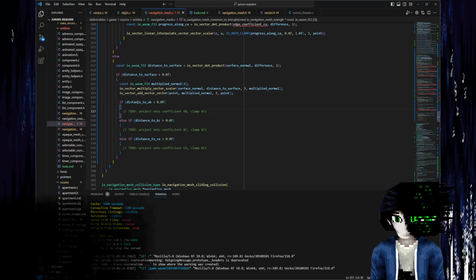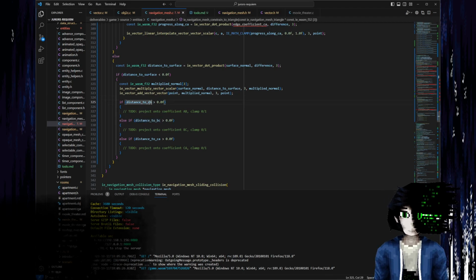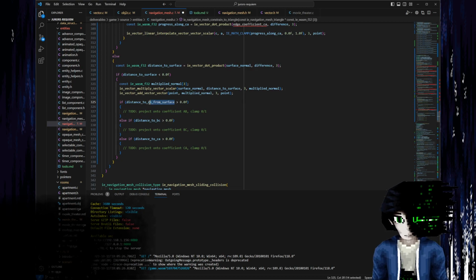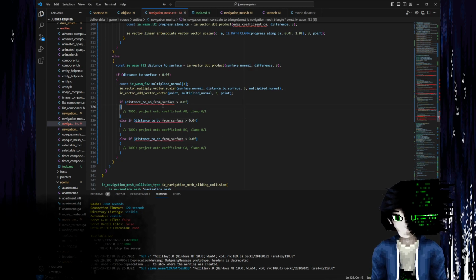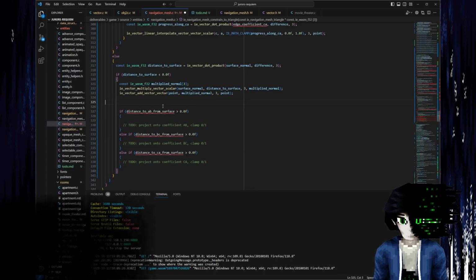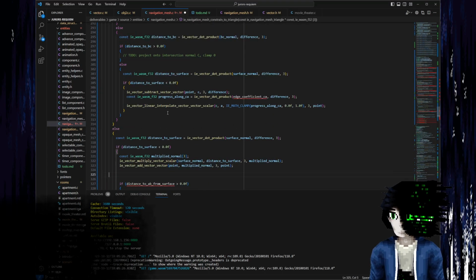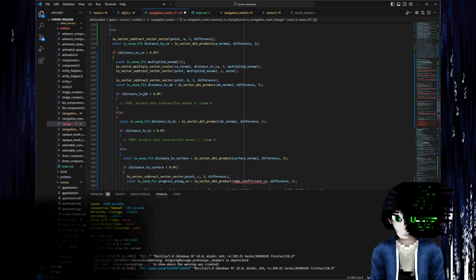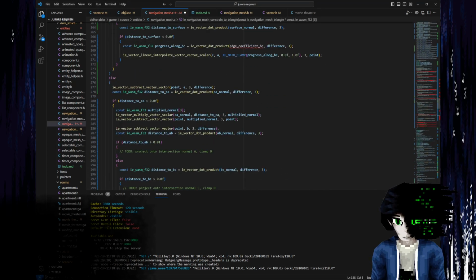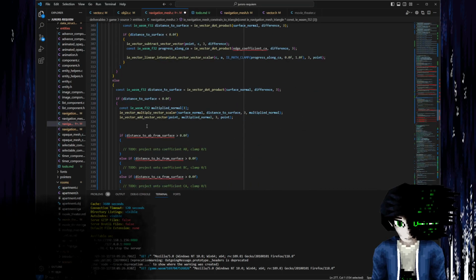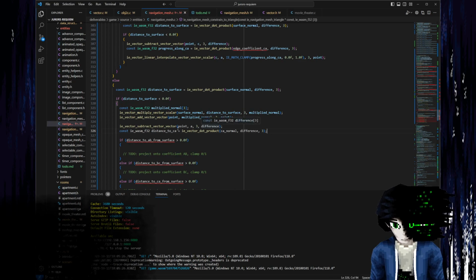Okay, so now we've got a distance to AB and distance to BC that's wrong. Oh, this could get confusing. So these need to be from surface, just to make it clear that we're working with a different quantity here. Okay, so now we calculate. We need to calculate a fresh difference and then calculate the distance to each surface.